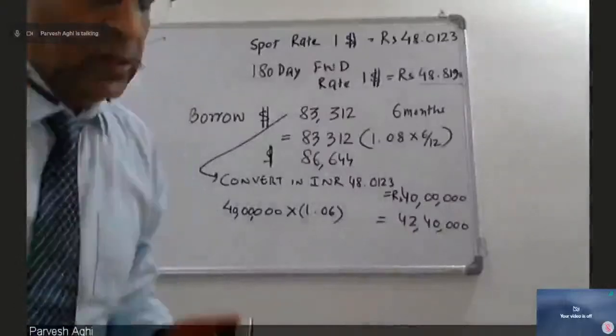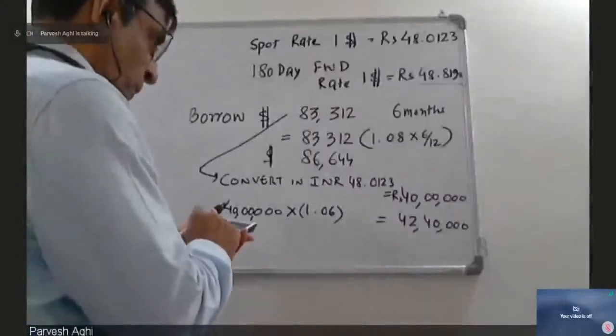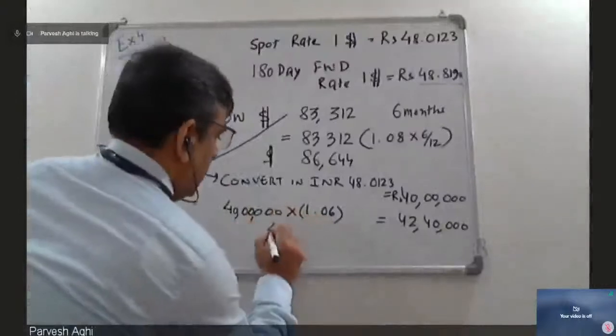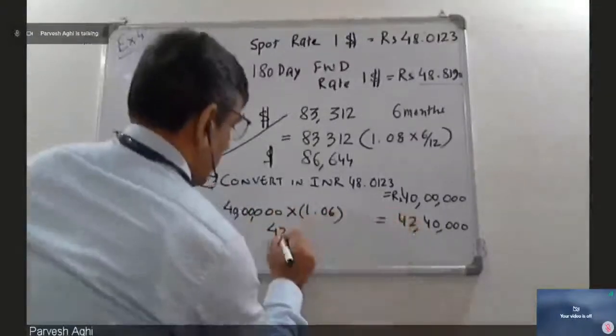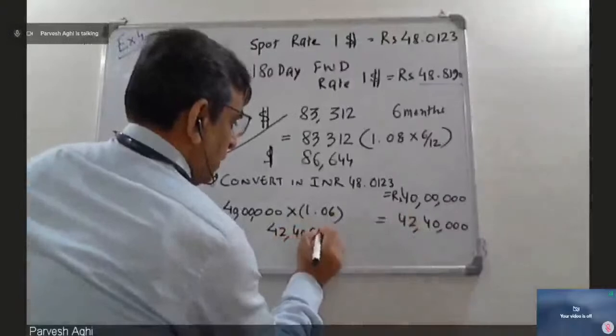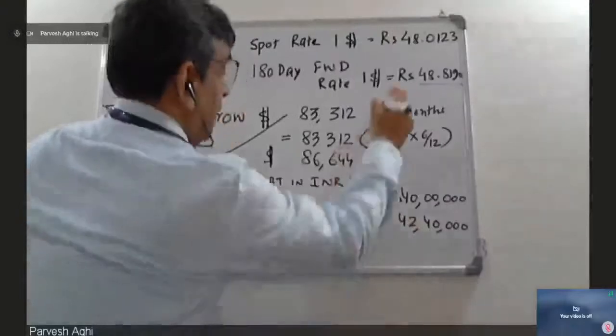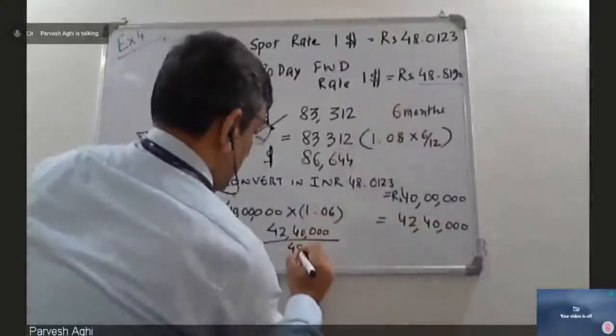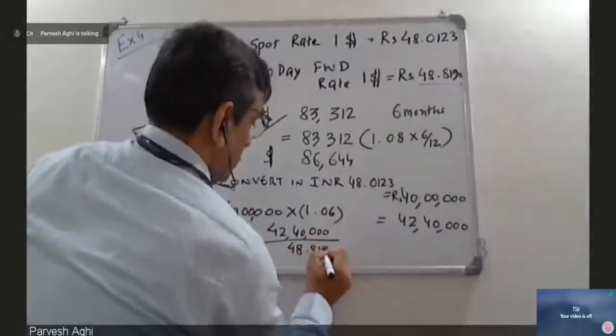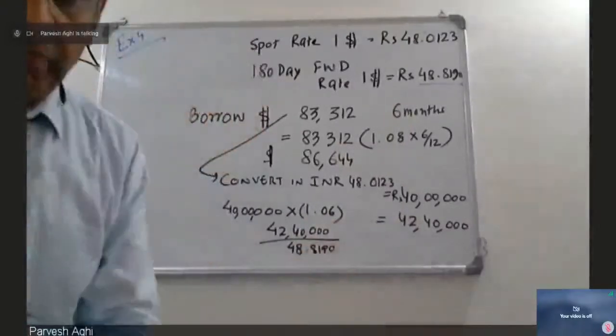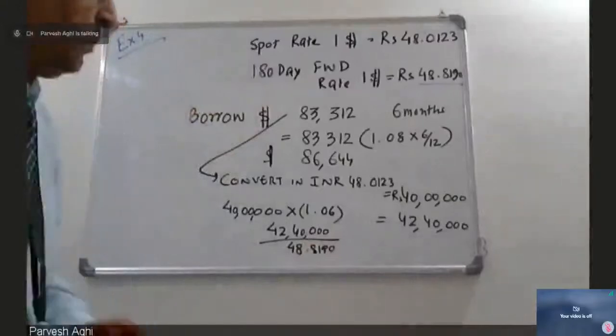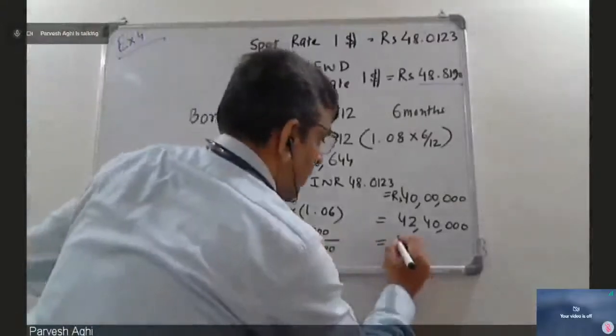So 42 lakh 40,000 in rupees, I am going to divide by 48 or reciprocate the quote to arrive at the right quote, and then convert that into dollars.